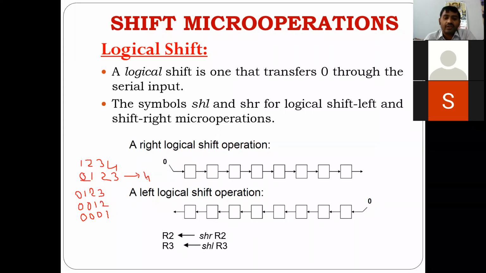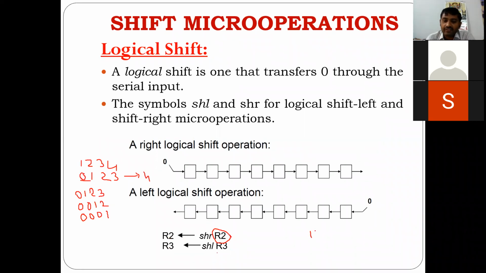So this is how the logical shift right works. Similarly for left logical shift, the operation will be like this. See here, R2 ← SHR R2, which means shift right the contents of R2 logically and save again in R2. Similarly the shift left operation.